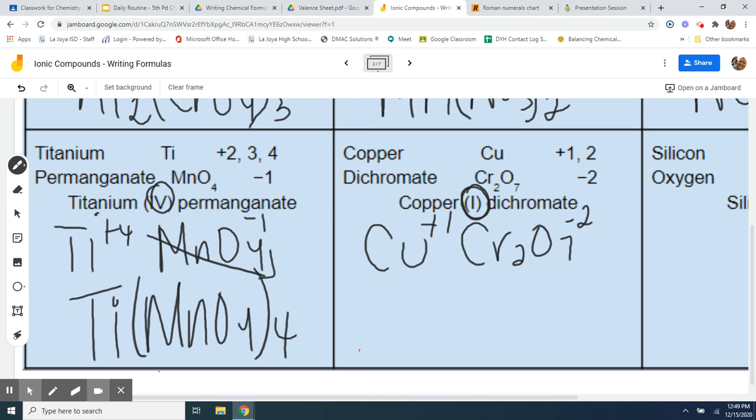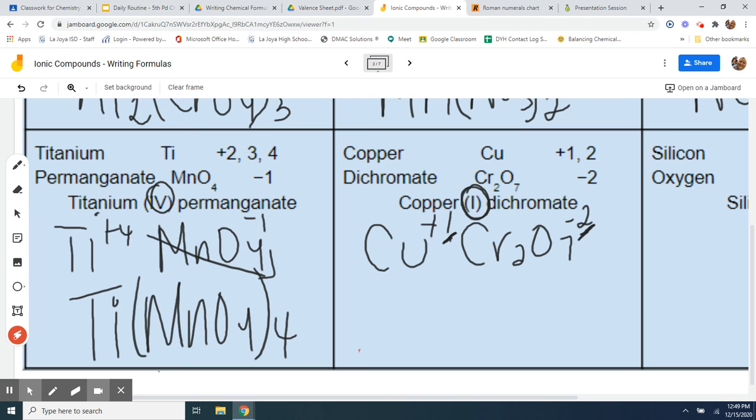What do you need to do, Yoselin? Are you listening, mija? ¿En dónde, Miss? Aquí. ¿Qué tiene que pasar? Do the charges cancel? Are they the same? Este número y este número aquí. Is this number the same as this one right here?